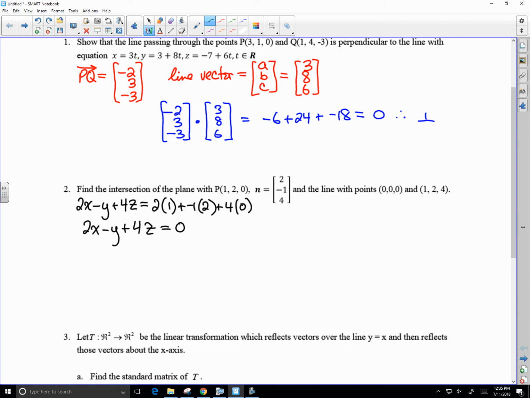The line with the points 0, 0, 0 and 1, 2, 4. In order to find the equation of a line, it's again x equals x sub o plus ta, y equals y sub o plus tb, z equals z sub o plus tc.